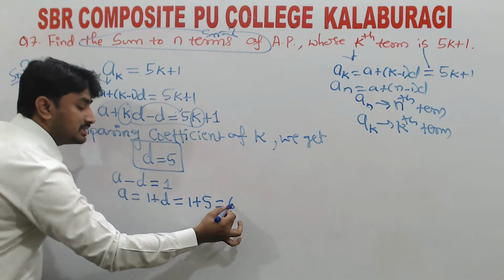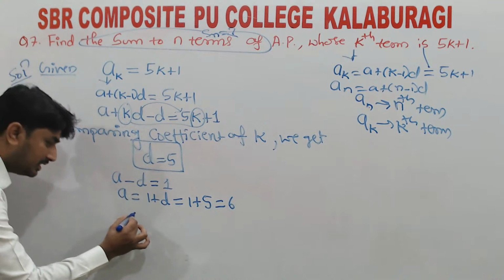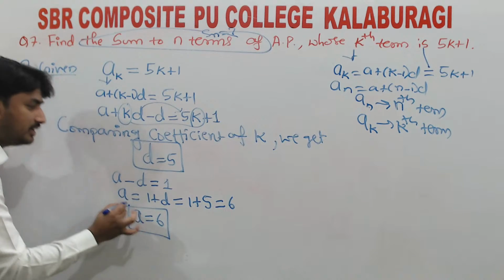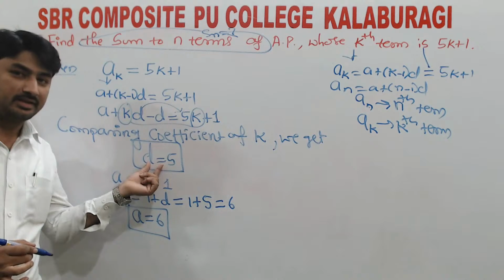So 1 plus 5 is 6. It means the first term is 6 and the common difference is 5.